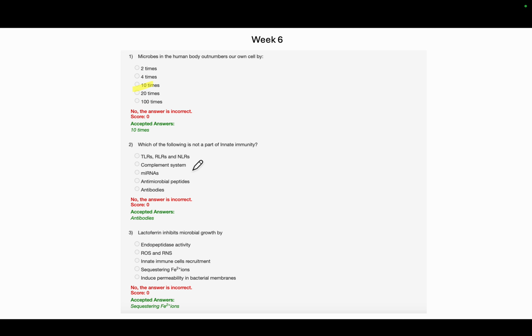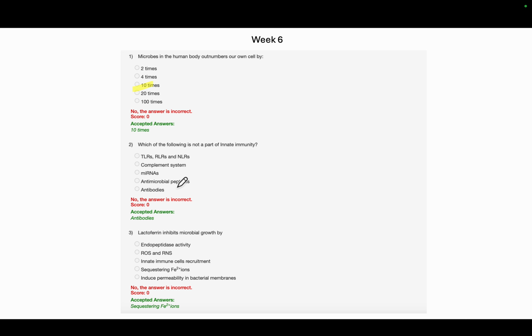Which of the following is not a part of innate immunity? TLRs, RLRs, NLRs, these are part of innate immunity. Complement system, part of innate immunity. Then microRNAs, antimicrobial peptides, antibodies.